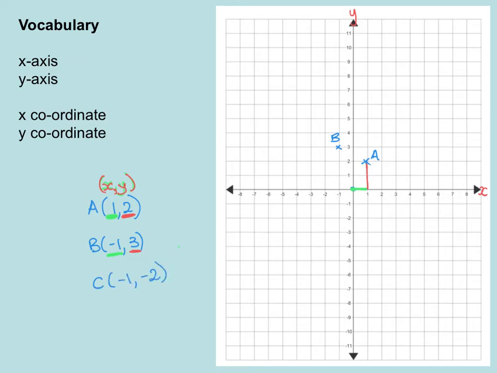This one here, along to -1, and this one's going to go down the way because it's negative. Just tidy this one up from having done A again. Starting from the centre there, back to -1, down to -2, and that is where I'm going to put C. One more.